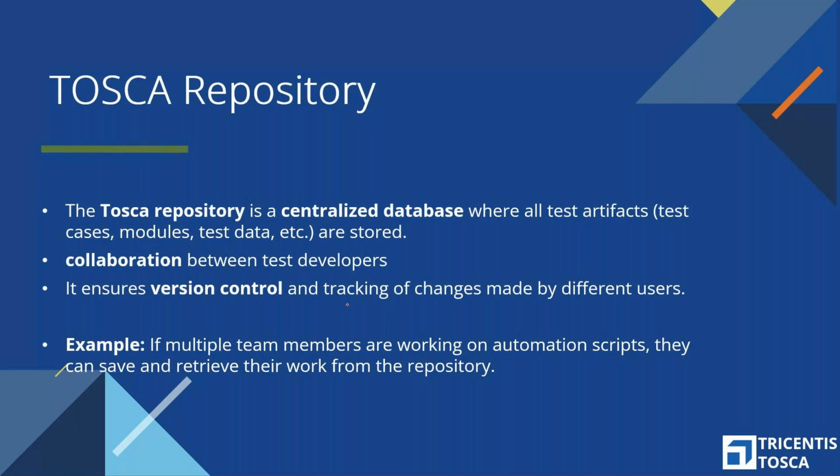Version control also helps us track the changes made by different users. If I add a new attribute in module one, that attribute will show my name, so it will be easy to understand who made the changes in a particular module, test case, execution list, or any component available in the Tosca Commander.